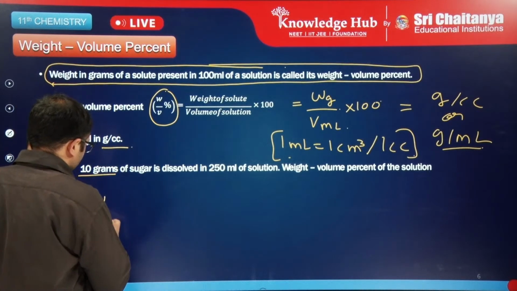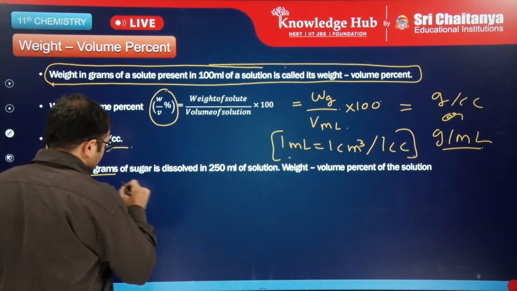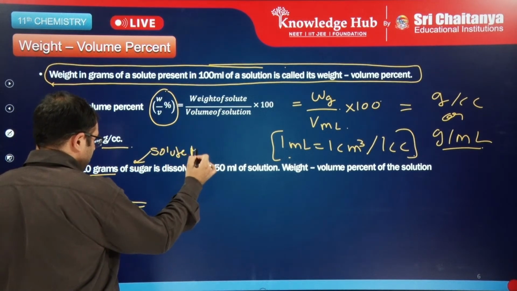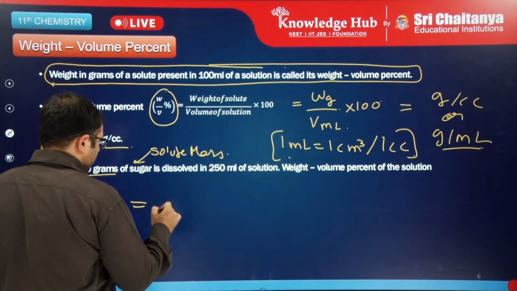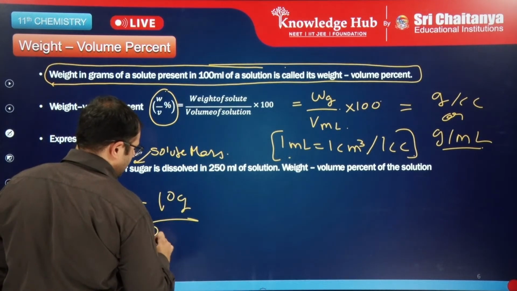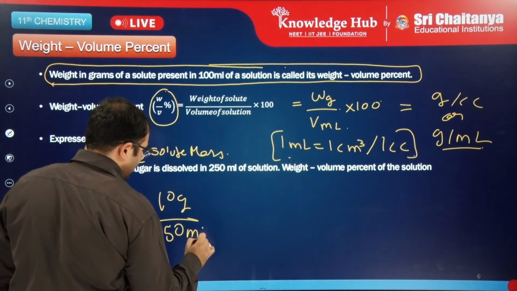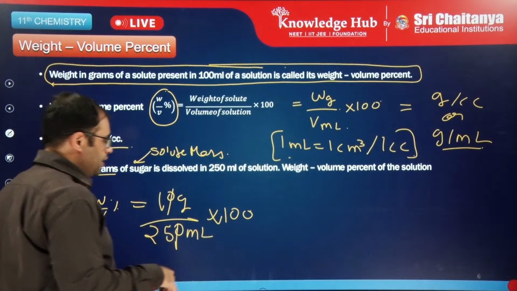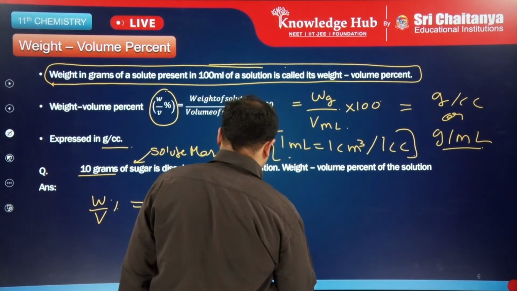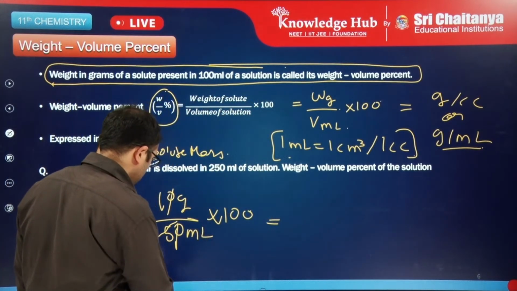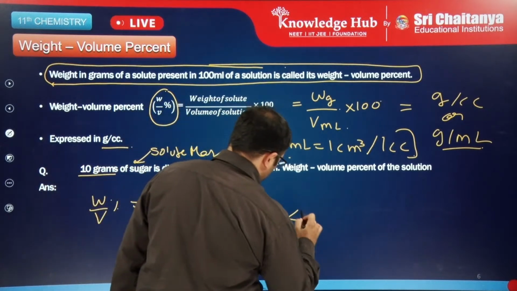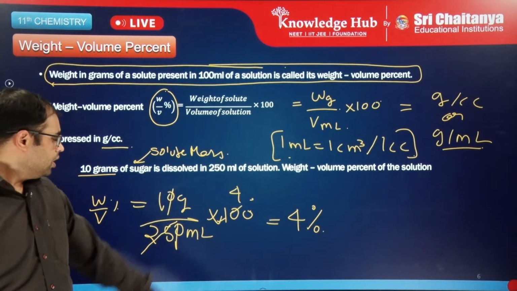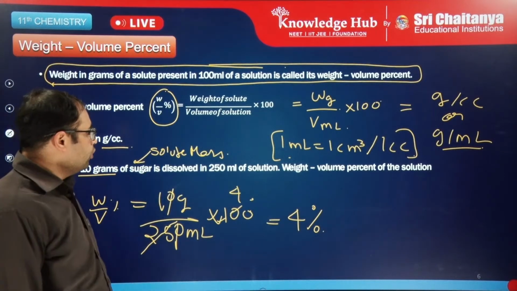Weight by volume percentage is the mass of solute, so 10 grams by 250 ml. This will come out to be 4%, right? 25 fours are 100, 4%.